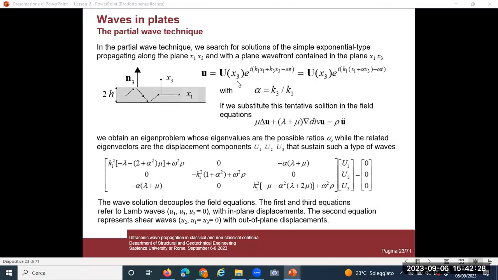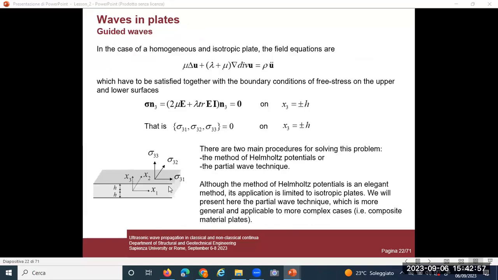We've got an amplitude, which is a displacement field that varies along the thickness of the plate, plus a propagating part where the propagation occurs only in the plane x1, x3, which is a plane orthogonal to the plane of the plate. This is the plate.